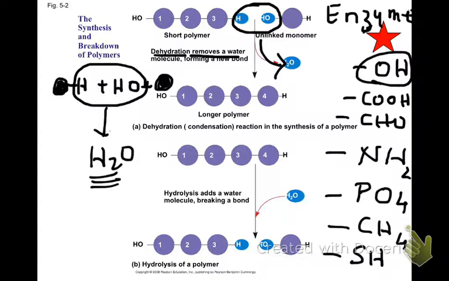Now on the flip side, you can also lose the monomers or break it down to individual units. How is that done? That is done by a process called hydrolysis, or breakdown. So this particular bond is being broken, and when this bond is being broken, you have to substitute it with water. So water gets split into H and OH, and on one side you will have H attaching itself and the other one OH attaching itself.